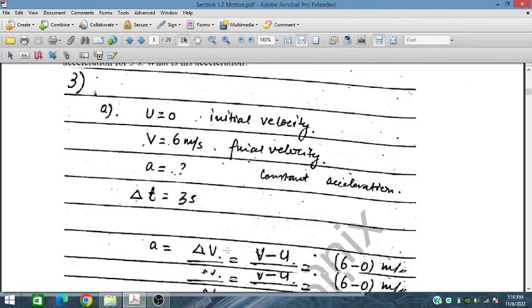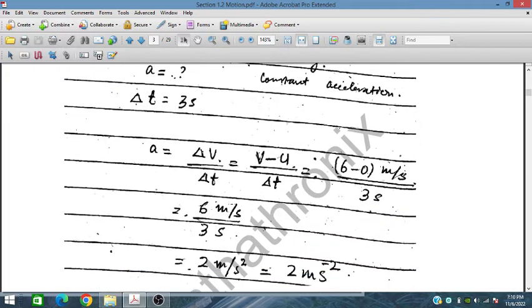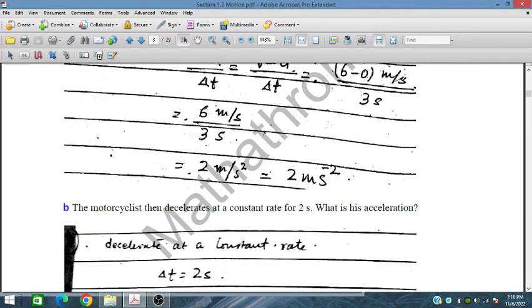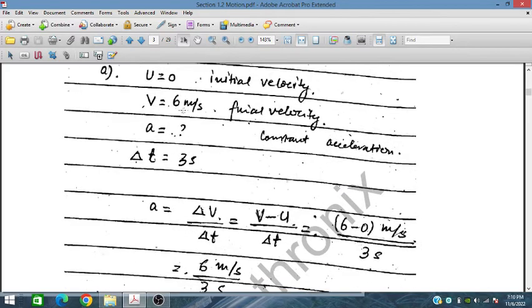So we can easily understand how it works. This is the acceleration that has to be found, as asked in this problem.